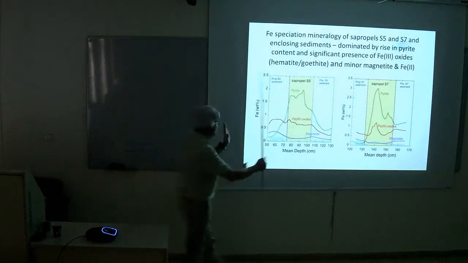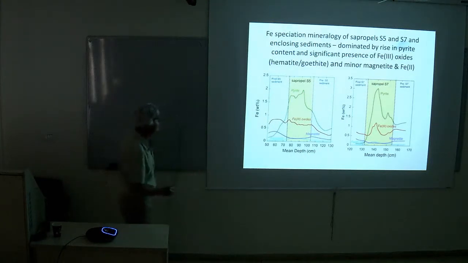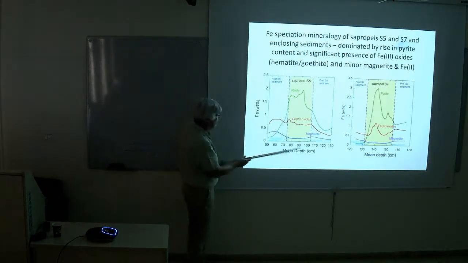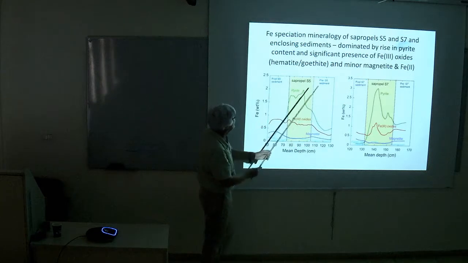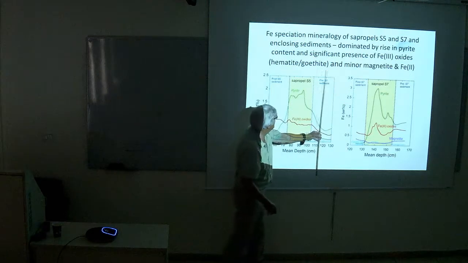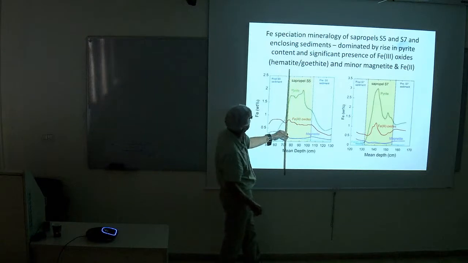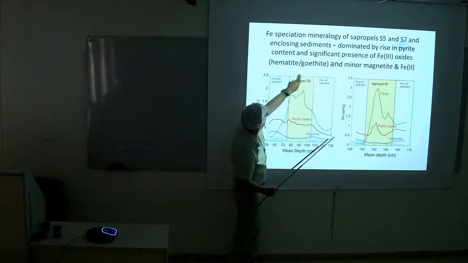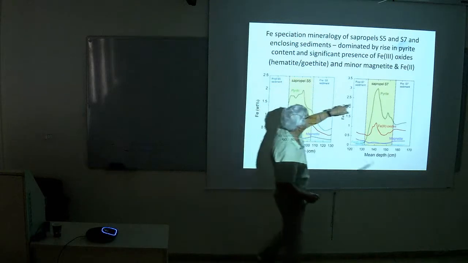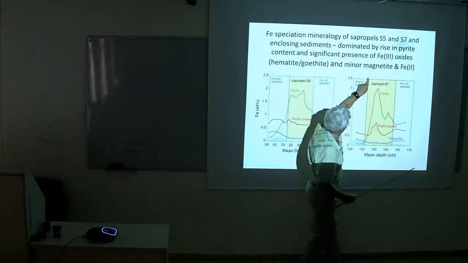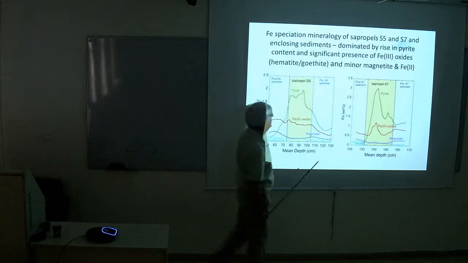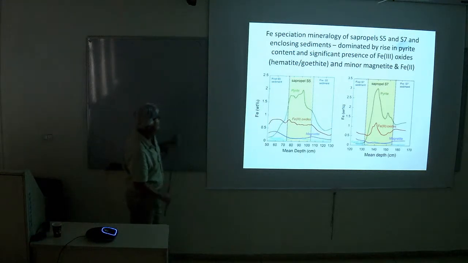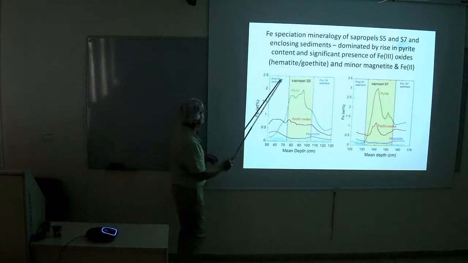I'm presenting them together because, in fact, they give similar results. Here you've got Fe in weight percent, and this is depth in the core. So we move from the pre-sapropel sediment to the yellow, which is the sapropel sediment, and then out of the sapropel, 128 to 120,000 years here, about 197 to about 191 thousand years, then pre-sapropel and post.